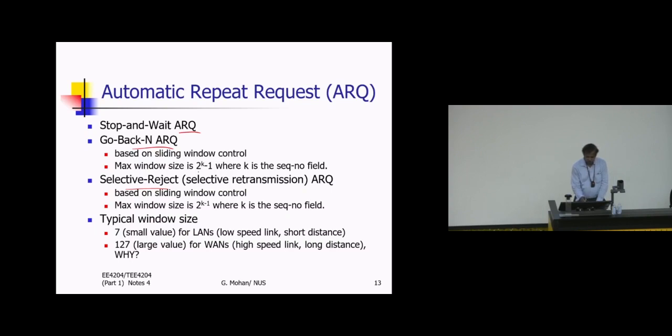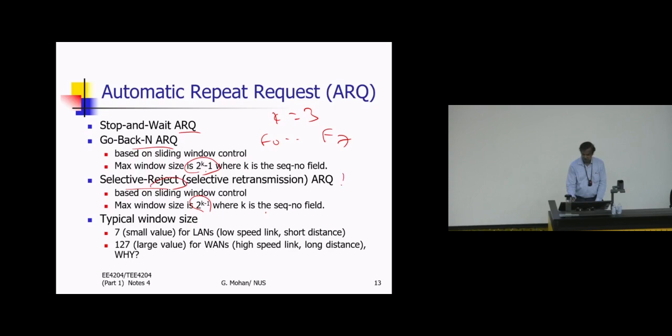In the case of go back N, the maximum window size is 2 raised to the power k minus 1. That is, if k equal to 3, frames can be numbered frame 0 to frame 7. But in the case of selective reject, this is slightly different. If k is the number of bits in the sequence field, the maximum window size is 2 raised to the power k minus 1.